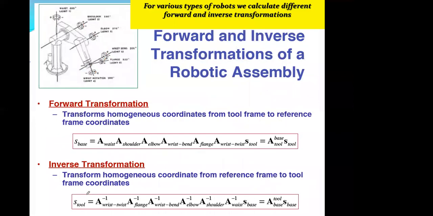So you can have a forward kinematics and inverse kinematics representation. Forward and inverse kinematic transformation of a robotic assembly, as we have gone through earlier. In the forward transformation, the homogeneous coordinate transformation goes from the tool frame to the reference frame. So we can have the transformations A waist, A shoulder, A elbow, A wrist bend.